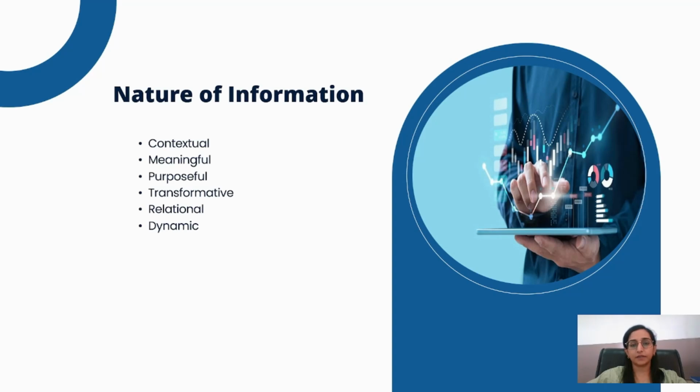Once shared, information tends to spread quickly and can be difficult to contain, which can be both an advantage and a risk. Next is shareable. Unlike physical resources, information can be shared with multiple users simultaneously without diminishing its value to any individual user.